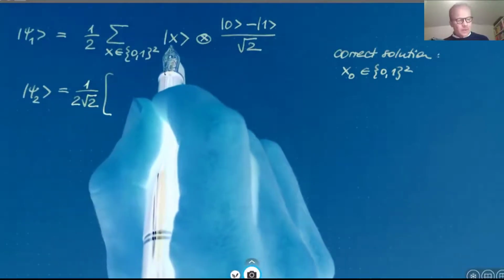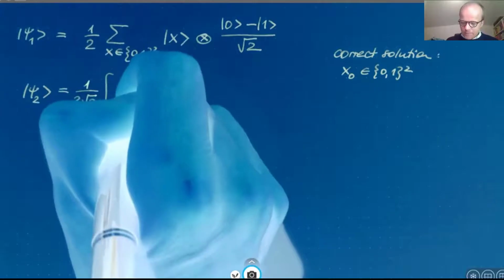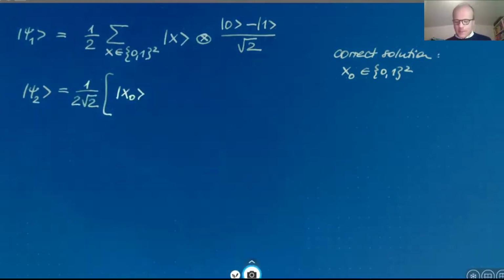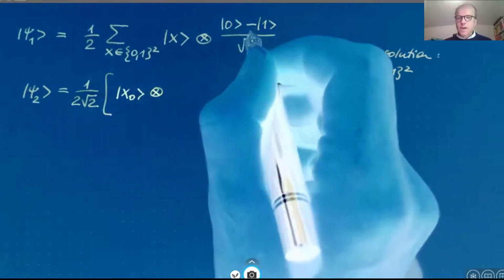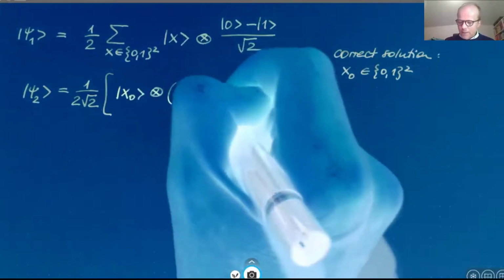When I have the correct solution x0, then for the target qubit, the basis states are flipped, and 0 minus 1 becomes 1 minus 0.